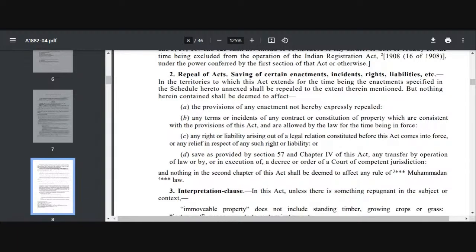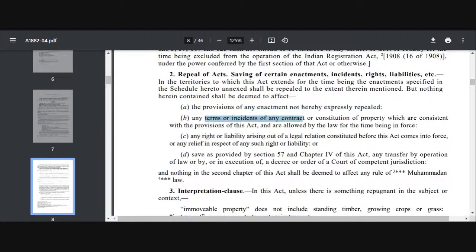So the provisions of the act do not affect what? See, it does not affect acts and statutes not expressly repealed. Provision of an enactment not expressly repealed is not going to be affected.